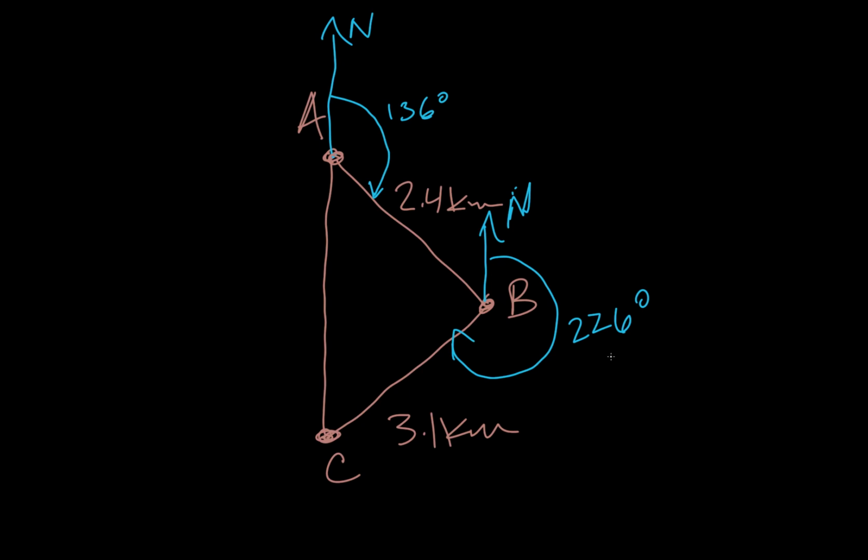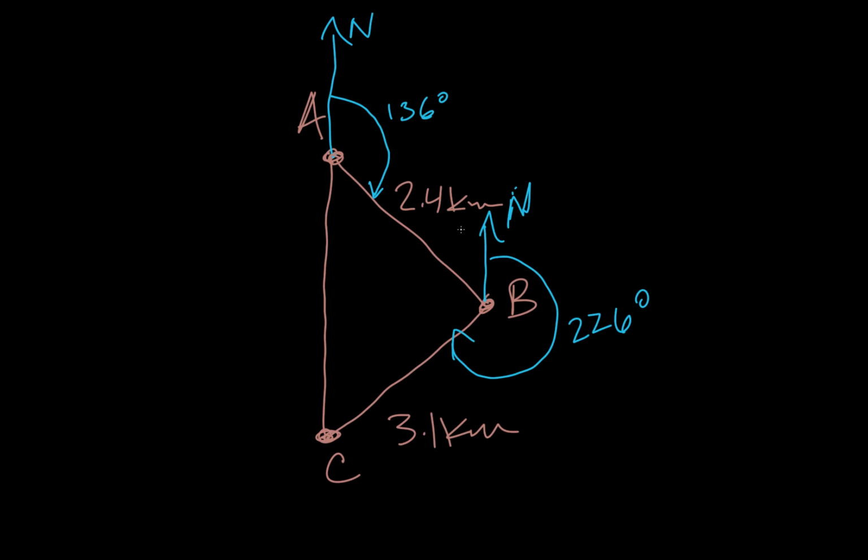Okay, so a couple things that we need to look at. So if we're going to go A, B to N, we rotate and then we go 180 degrees because of the line.